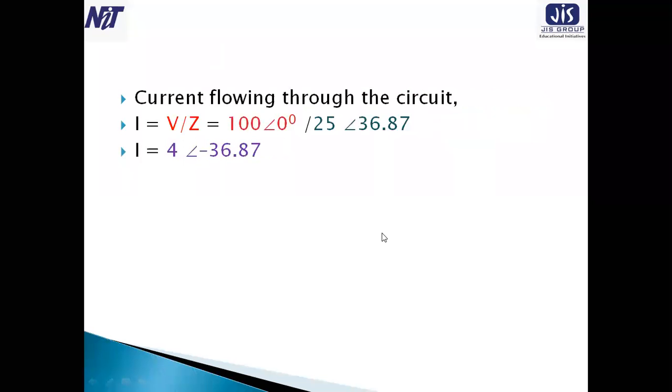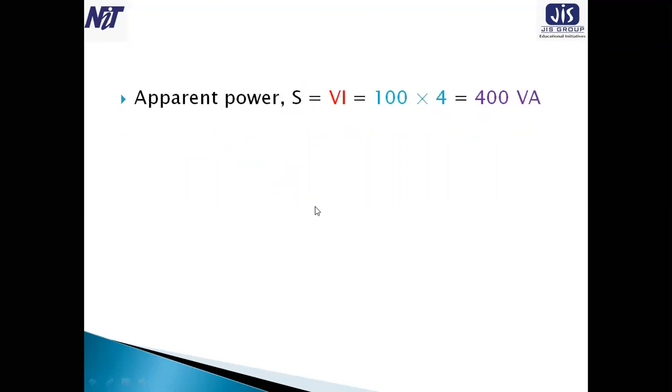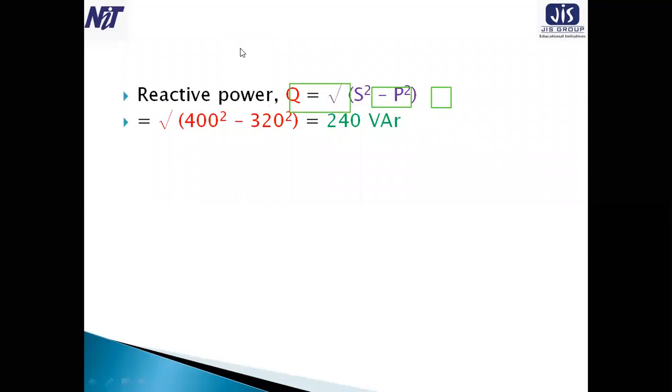This is the active power equation. Now it is the apparent power equation. You all know that apparent power S equals VI, where V is 100 and I is 4, that is 400 VA. Next one is the reactive power. Reactive power Q equals root over S square minus P square.